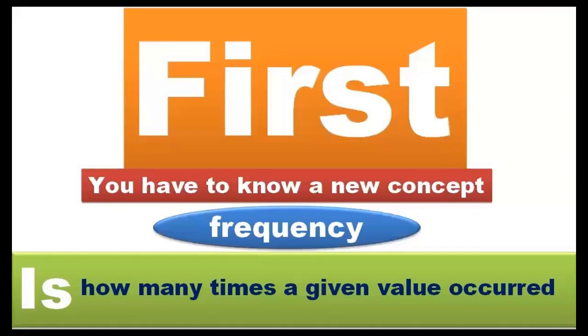For example, if we have some raw materials arranged in a line, in a table, in any way, you are going to count the number of repetition of certain value. This is the frequency. How many times this value occurred, this is the frequency, okay? So I hope this concept is clear for you at first.